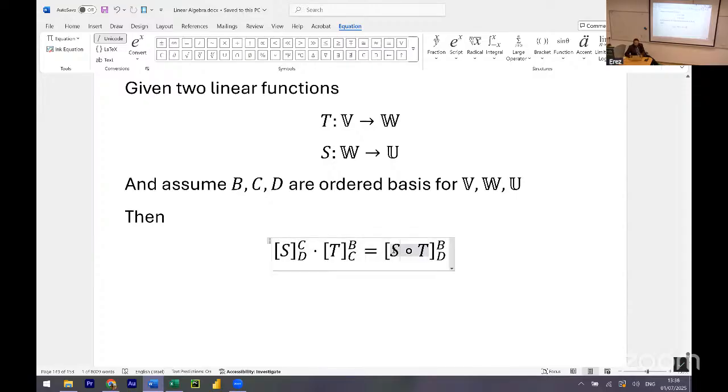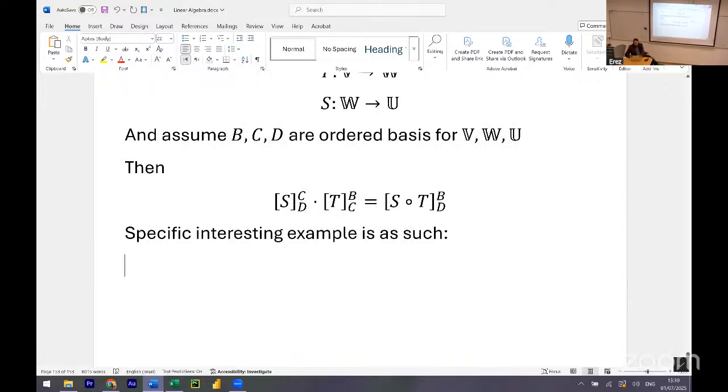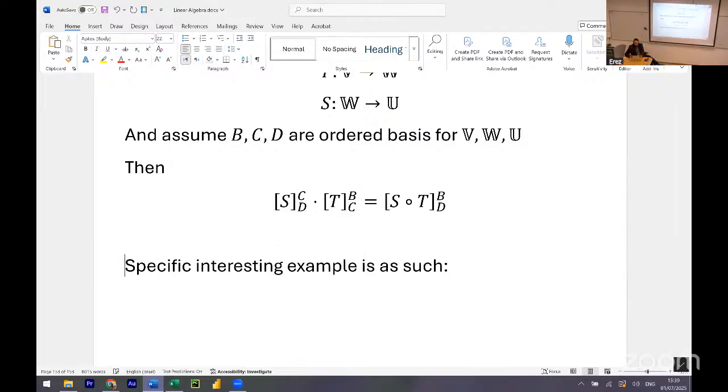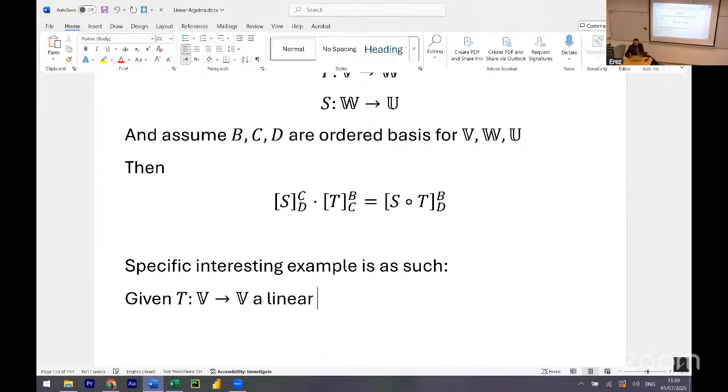And a specific interesting example is as such. Take a given T from V to V, a linear function.